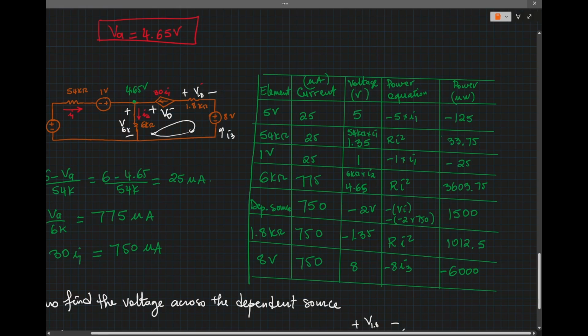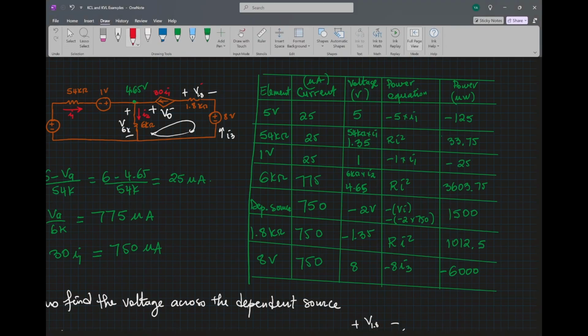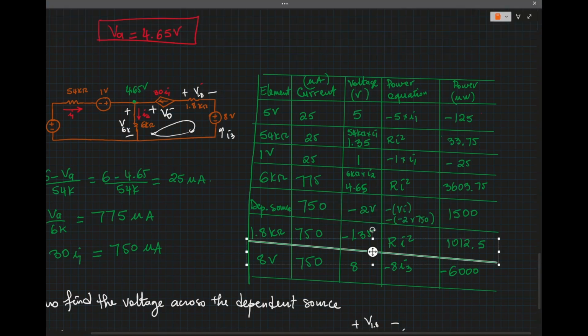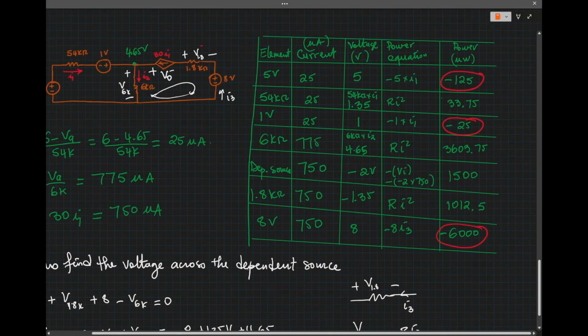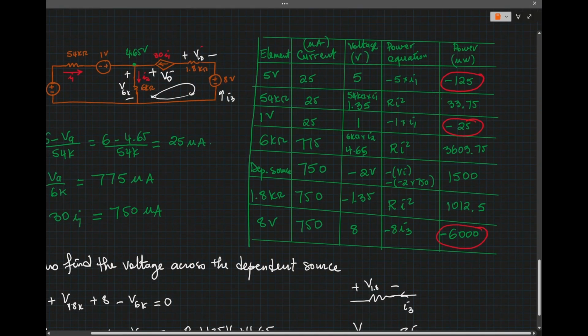So let me circle the power that I supply. This is supplied because it's negative, this is supply. Okay, so those are power supply.